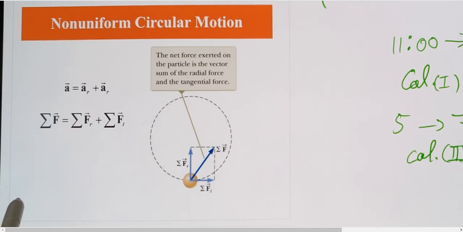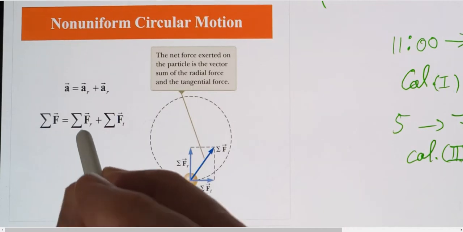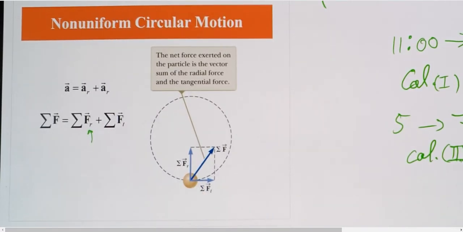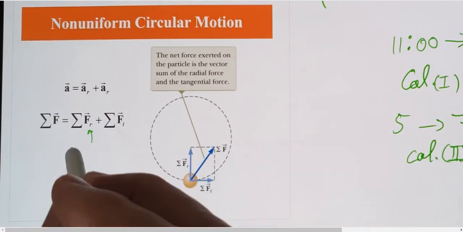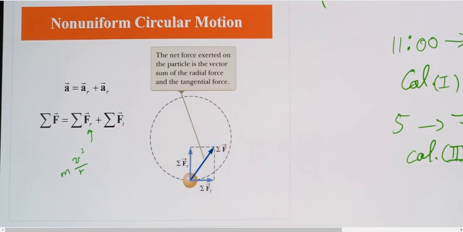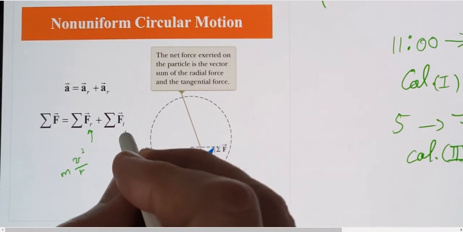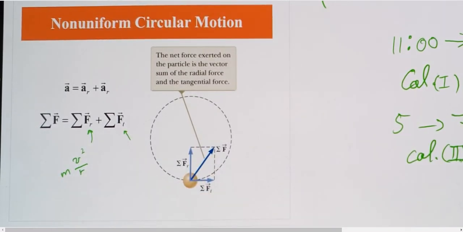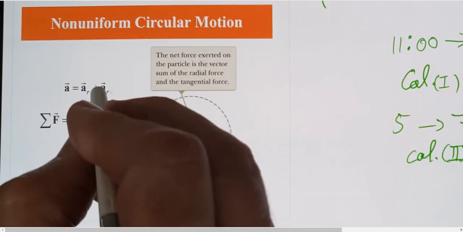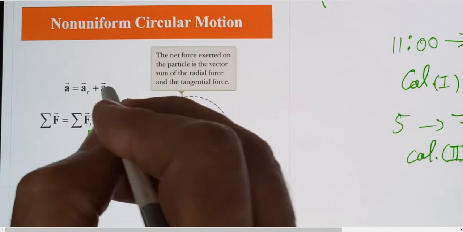That is, the speed also is changing, so we will have a radial part of our acceleration that will come from v square over r, and now we have a tangential acceleration that we discussed before, because speed now is changing. So be careful here, there is a mistake. This is tangential.